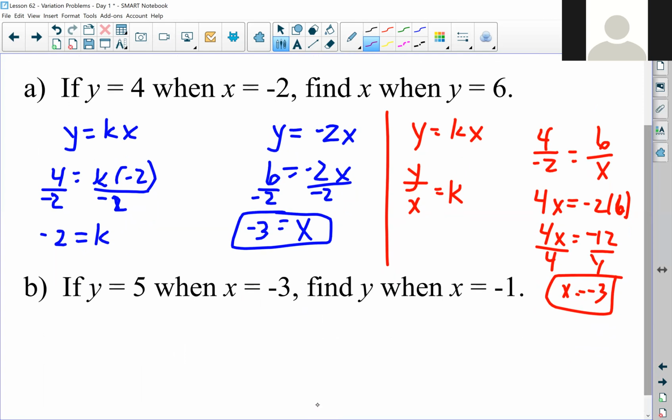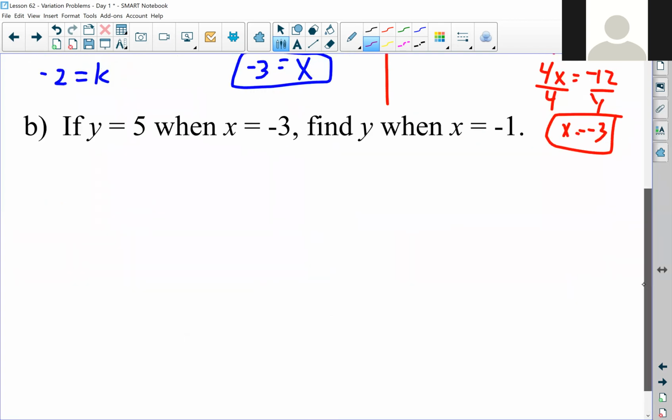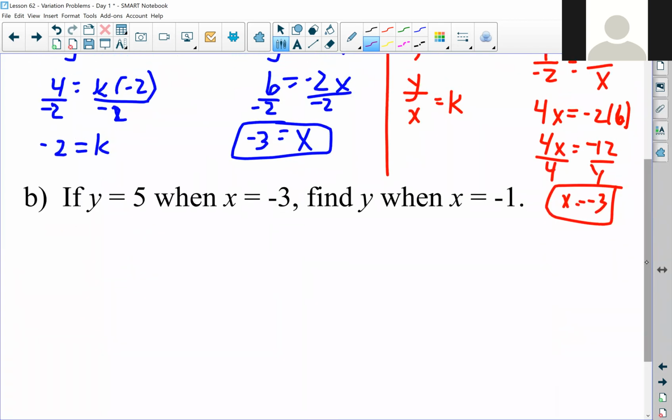So the second example, y is 5 when x is -3. Find the y value when x is -1. So if I use the proportion method, 5 over -3 equals y over -1.